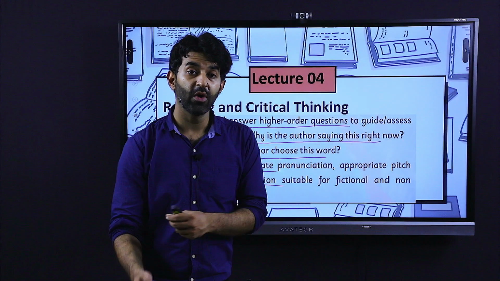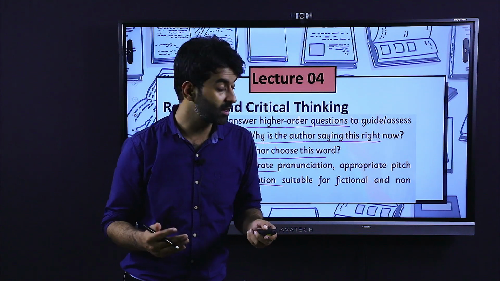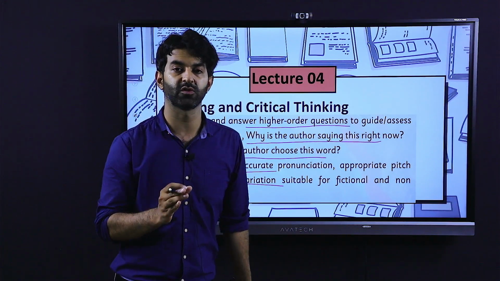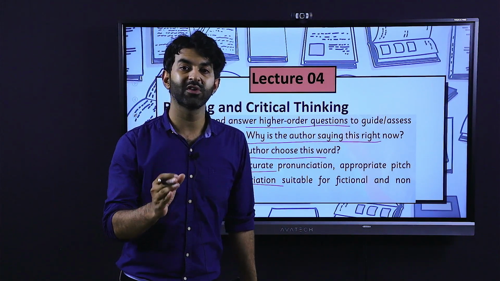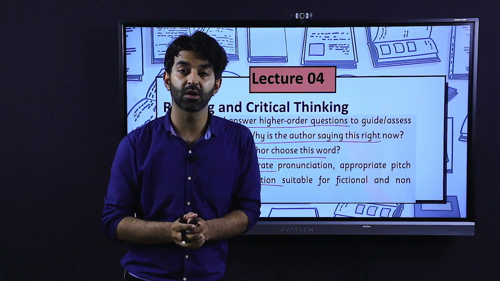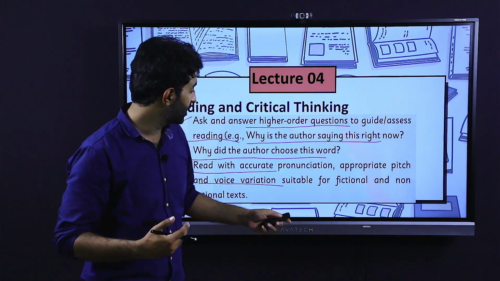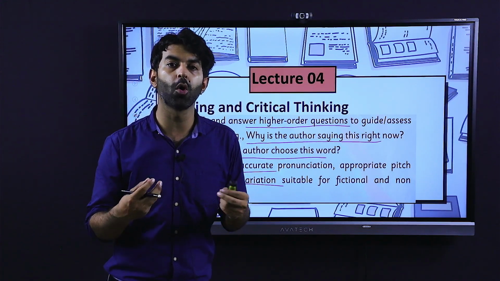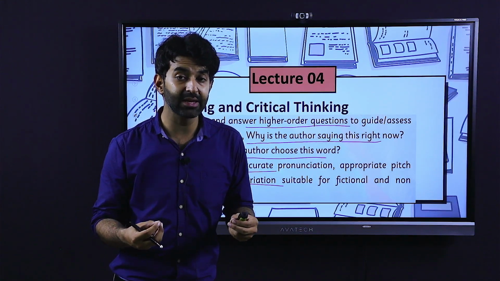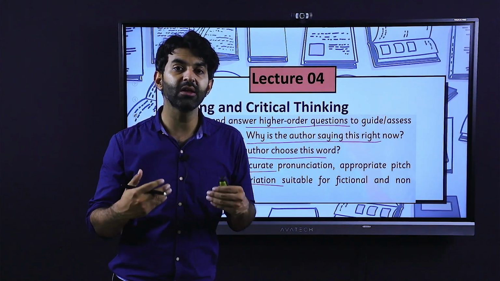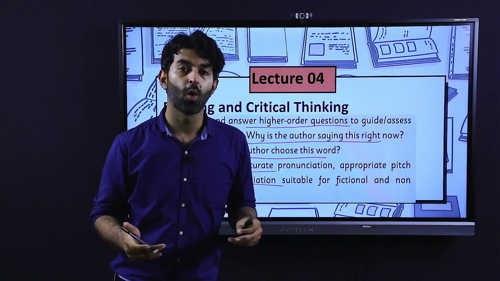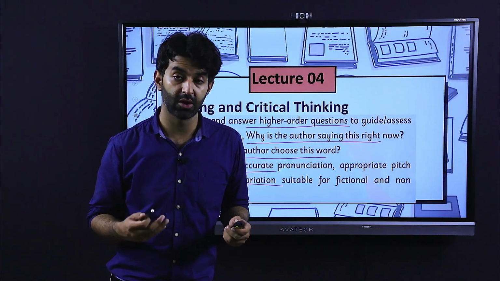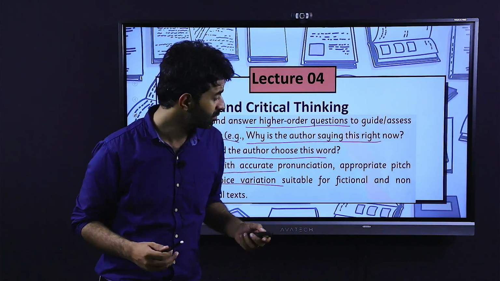Now, when we are talking about reading, my dear learners, in this lesson, we will be talking about some particular questions about the author's intent in using a particular word and different kinds of things. And if it's something that we want to read, let's say a poem, which we will be attending, we want to read it with correct pronunciation, with variations that are required in reading such texts.